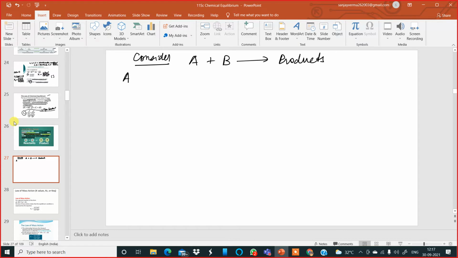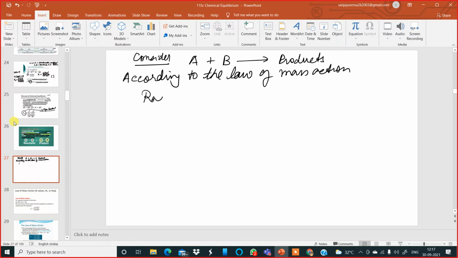If I apply the law of mass action, I can say the rate of reaction is proportional to the product of the concentration of the reactants. That is, concentration of A multiplied by concentration of B. This is according to the law of mass action.